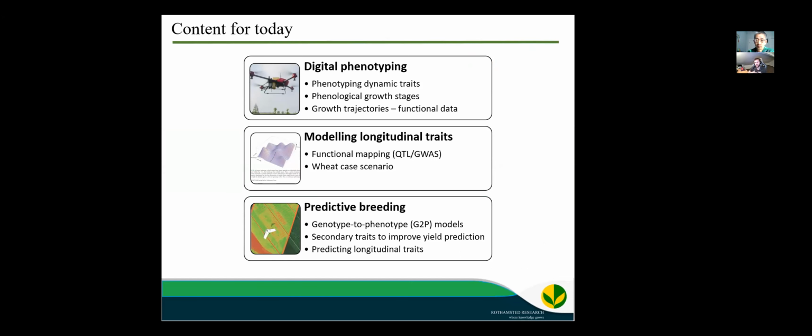Then modeling the longitudinal traits, what we can do when we implement molecular markers together with these growth data sets, and also showing a little bit of the publication in JXB. And lastly, very briefly, predictive breeding and how these G2P models have been used in combination with all this phenomics nowadays.